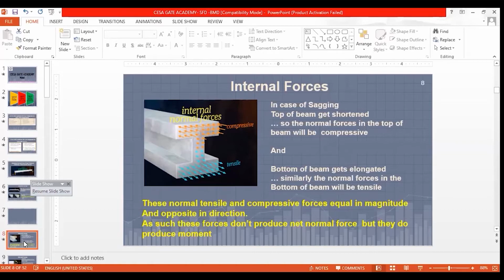Similarly, the normal forces in the bottom of the beam will be tensile. So these normal tensile and compressive forces are equal in magnitude and of course opposite.